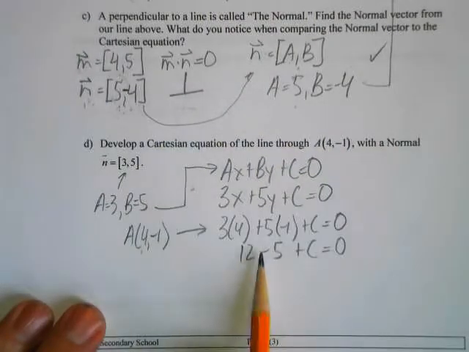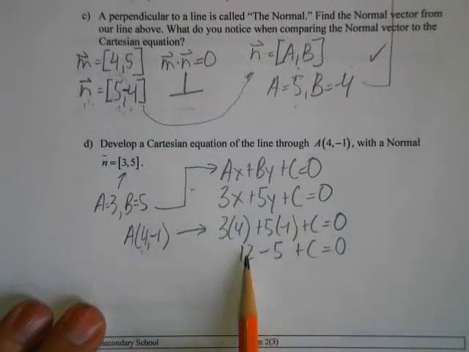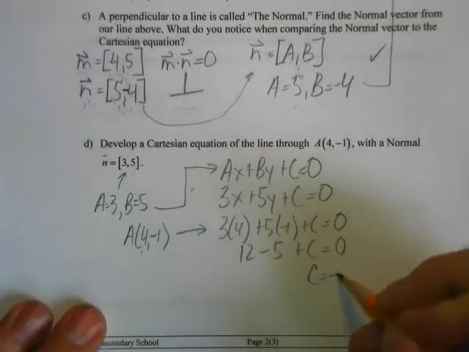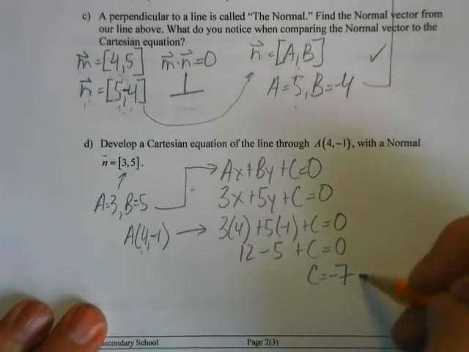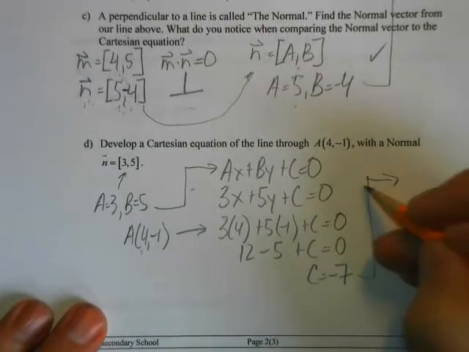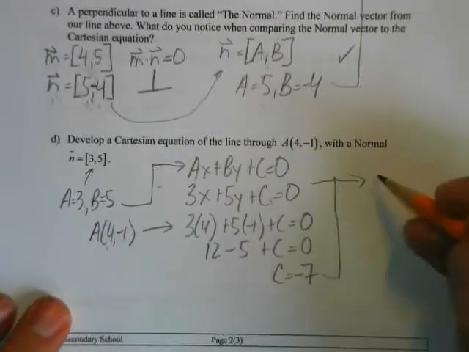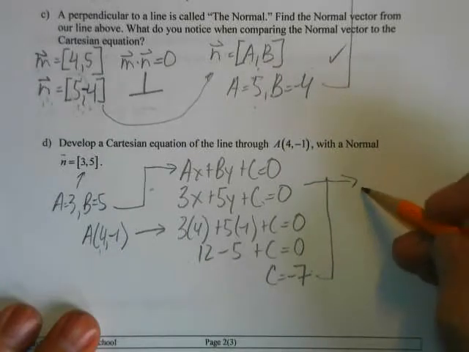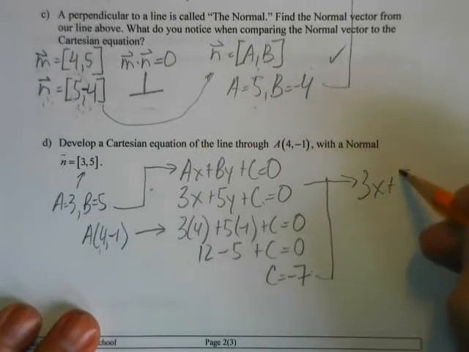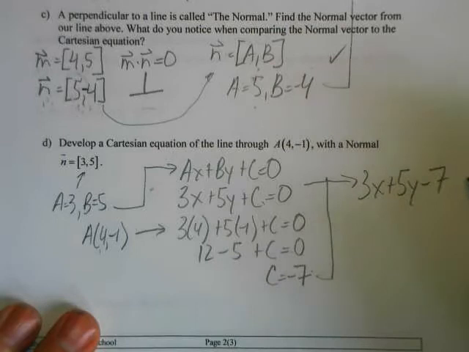If I move these numbers to the right side, that's going to be a 7. If I subtract 7 from both sides, I get c equals -7. From that, I can just update my c value with what I just discovered. So that's 3x plus 5y minus 7 equals 0.